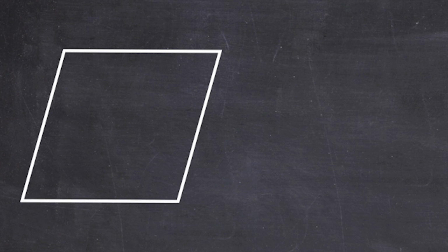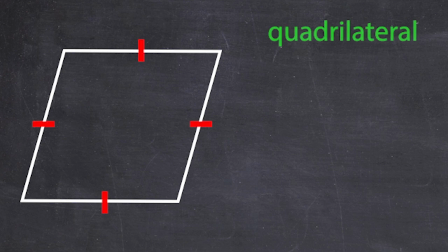What about this polygon? This polygon has exactly 4 sides, so it is a quadrilateral. So, what about the other words we have to describe quadrilaterals? Well, it looks like the top and bottom sides are parallel, and the left and right sides are parallel too.